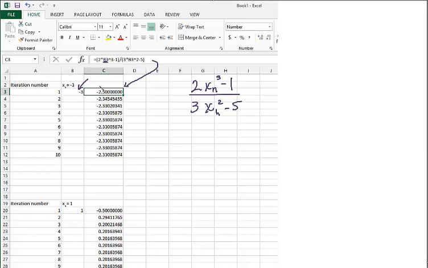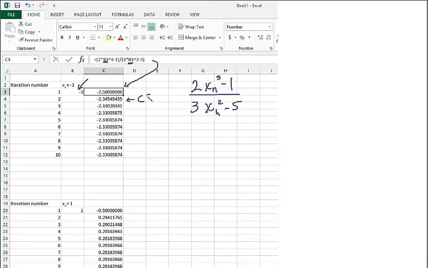This says whatever number is in B3, raise it to the third. Then I changed these B3s for my next iteration, because I just wanted to do this again. I'll walk through this with you, but I changed it to look at the cell C3.